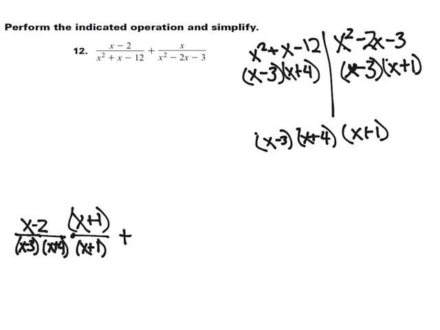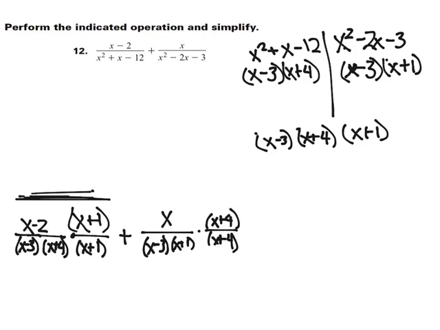Plus, on this one, okay, end up with x over, and then you're going to have x minus 3, x plus 1, because that's what that bottom factored to. And then what it's missing is the x plus 4, so we'll multiply both top and bottom by x plus 4. Then I'm going to go through and FOIL this, and then I'm going to distribute the x on this one.